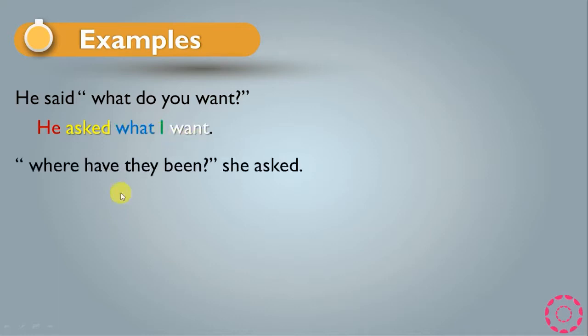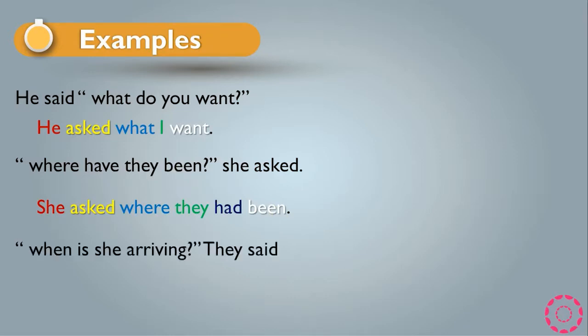Where have they been? She asked. So it became: she asked where they had been. Because we have have here, we have to change have to had, and we rewrite been as itself, which is the verb. She asked where they had been.